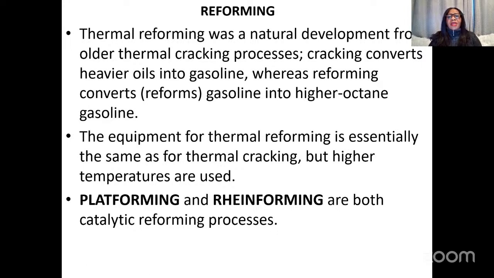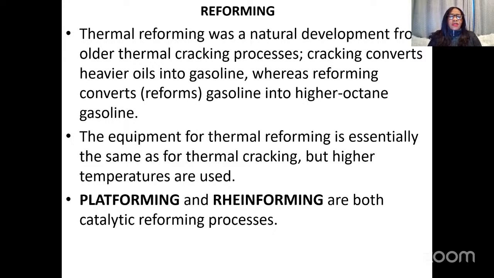So thermal reforming was just a natural development from the existing thermal cracking processes. While cracking converts heavier oil into gasoline, reforming converts or reforms the structures of those compounds that are within the gasoline into higher octane gasoline. The equipment for thermal reforming essentially is the same as that of thermal cracking. One of the differences is that the temperature is much higher.